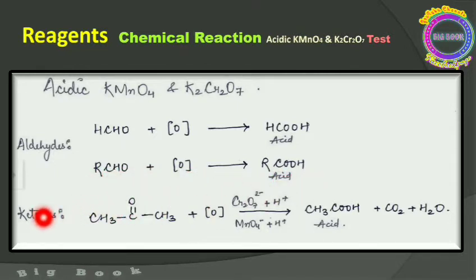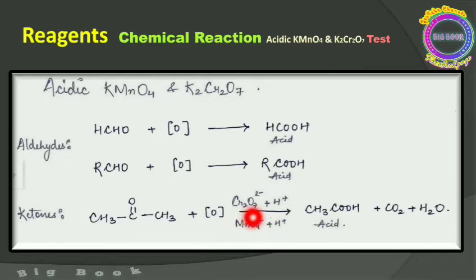Now here ketones, here you can see, even with this, KMnO4 and K2Cr2O7 both react with the aldehydic groups and also the ketonic groups. Here you can see the ketone, where you can see the oxidizing and reducing agents, which is substituted with the functional group or whatever the sample.